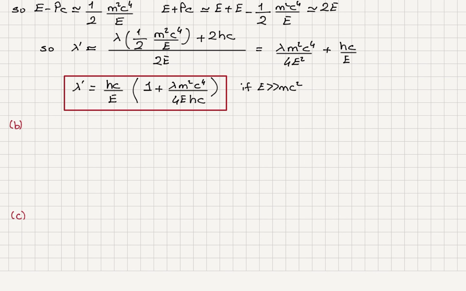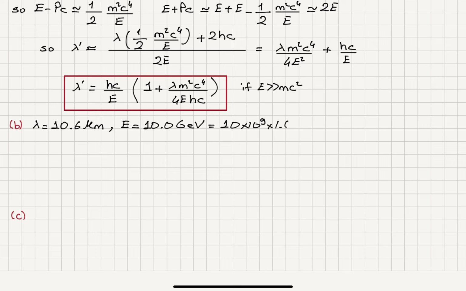Okay, so we have lambda equal to 10.6 micrometers. The energy of the electron is 10.0 giga-electron volts, which is 10 times 10 to the 9 electron volts times the electron charge 1.6 times 10 to the minus 19 coulombs. That gives us 1.6 times 10 to the minus 9 joules of energy.